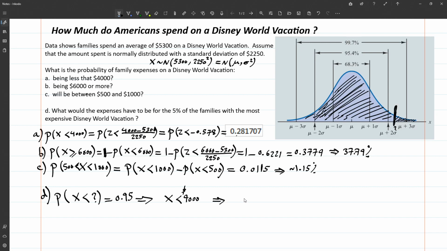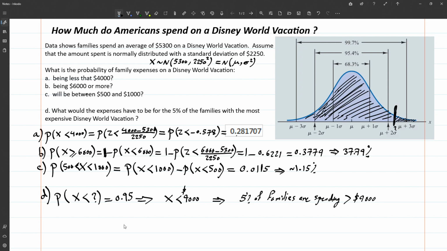So the answer to part D is that 5% of families are spending more than $9,000 on a Disney World vacation. That's the meaning of it.